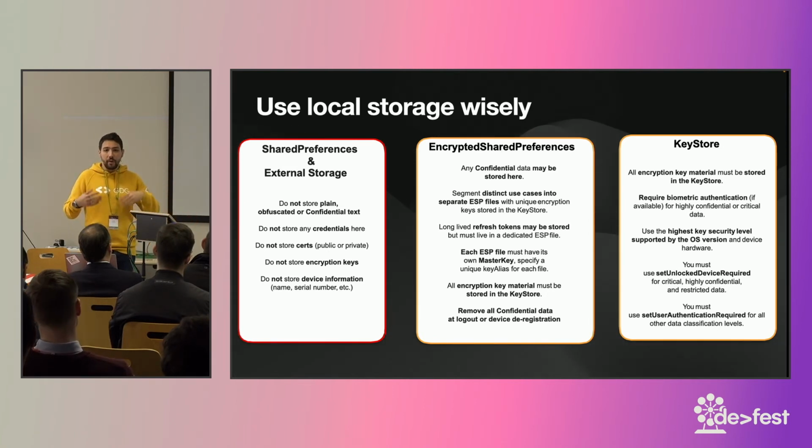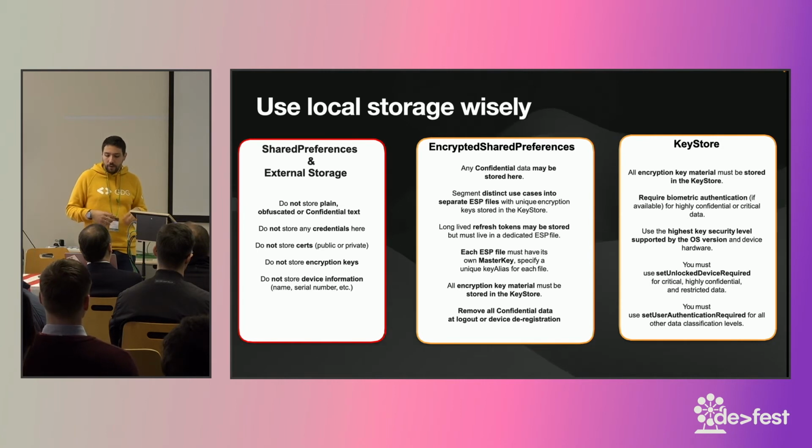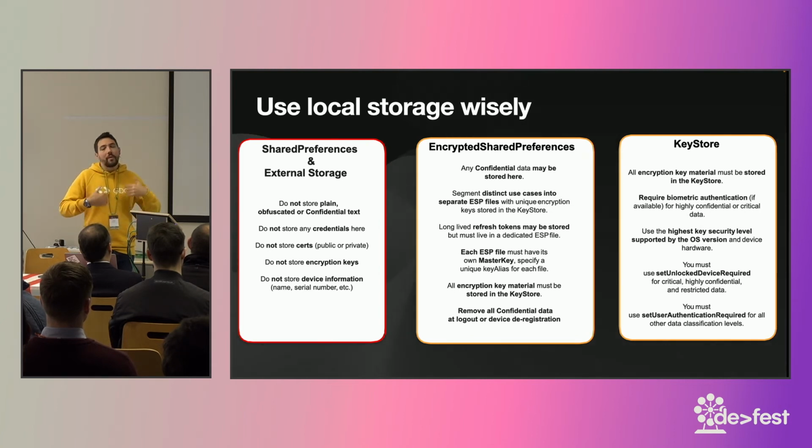Now, moving on, for all those types of data, we have, of course, encrypted shared preferences. Encrypted shared preferences, as the name suggests, is just encryption on top of the shared preferences files. There are some specific files called ESP files that are encrypted with a specific master key. We're allowed to store there anything that is more sensitive or more confidential.